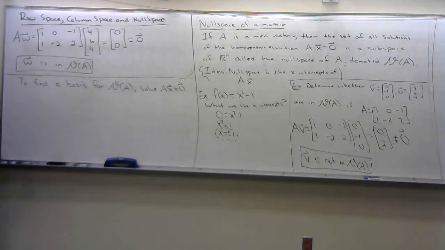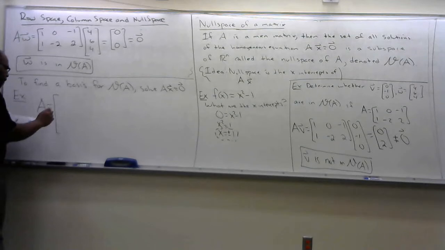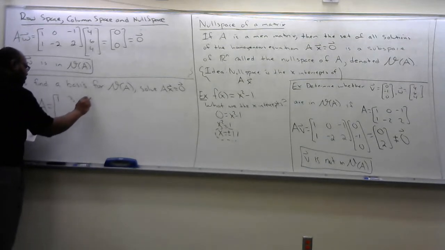So here's an example, just kind of using the last matrix we had before, not the one here, but the bigger one. This one's in your book, so if you don't want to write it down, you don't have to. But it's good to write it down anyway, take notes.